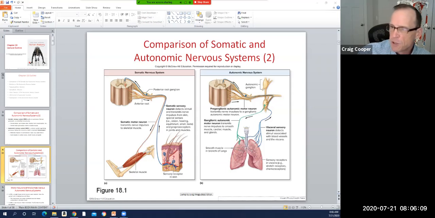So it's essentially, we've got really just the one neuron in the periphery on the sensory side, the one neuron in the periphery on the motor side. When we look at our autonomic nervous system, with one exception, we have two motor neurons in the periphery. So a little bit different from the somatic in that respect.